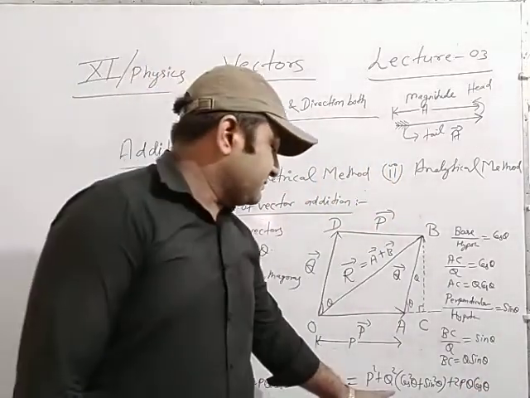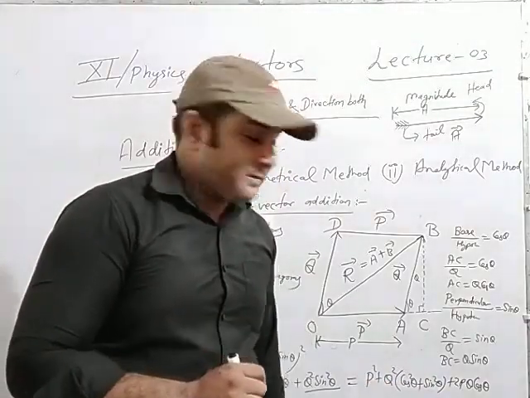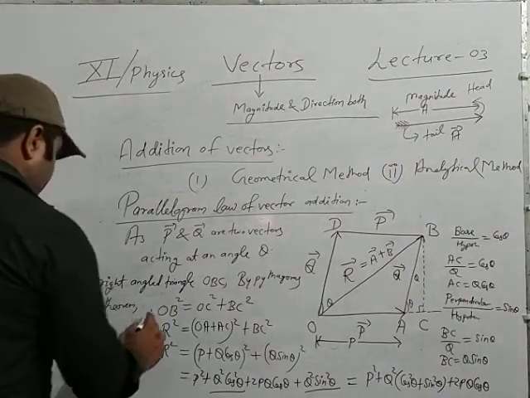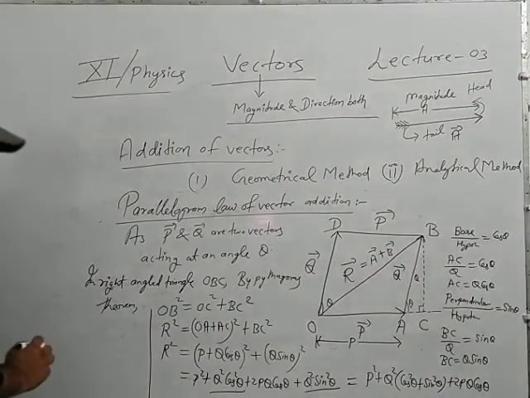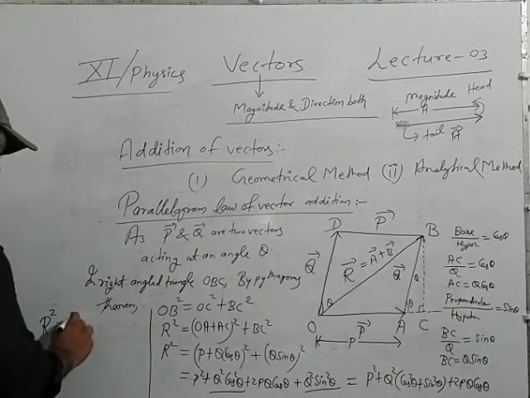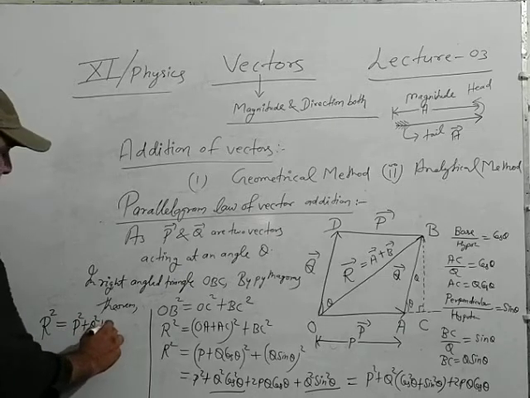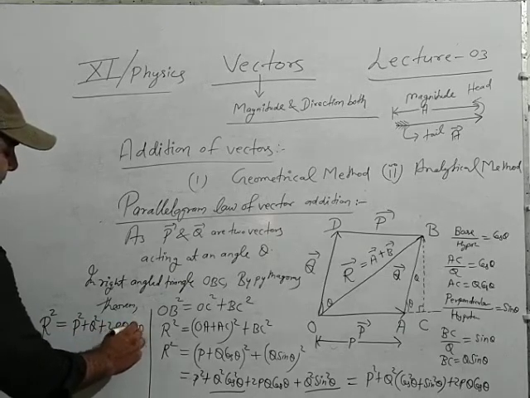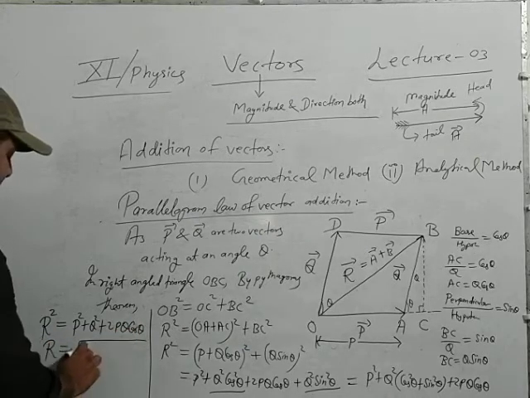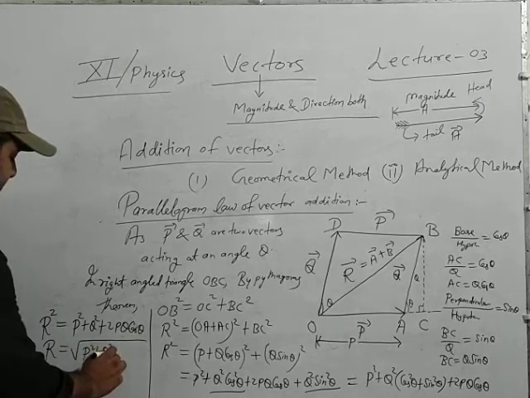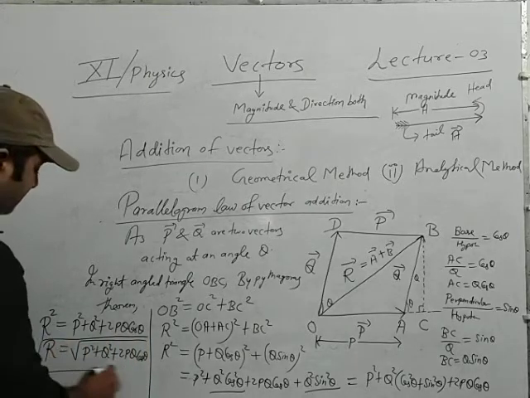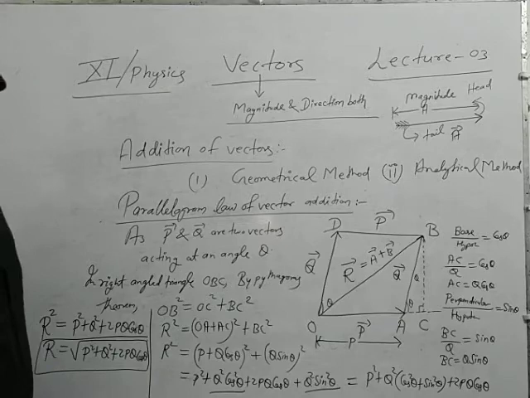And the concept of cos square theta plus sin square theta, you all know, that is 1. So P square plus Q square plus 2PQ cos theta. Then R square is equal to P square plus Q square plus 2PQ cos theta, and R is equal to the square root of P square plus Q square plus 2PQ cos theta. This is the formula for the magnitude of the resultant of two vectors.